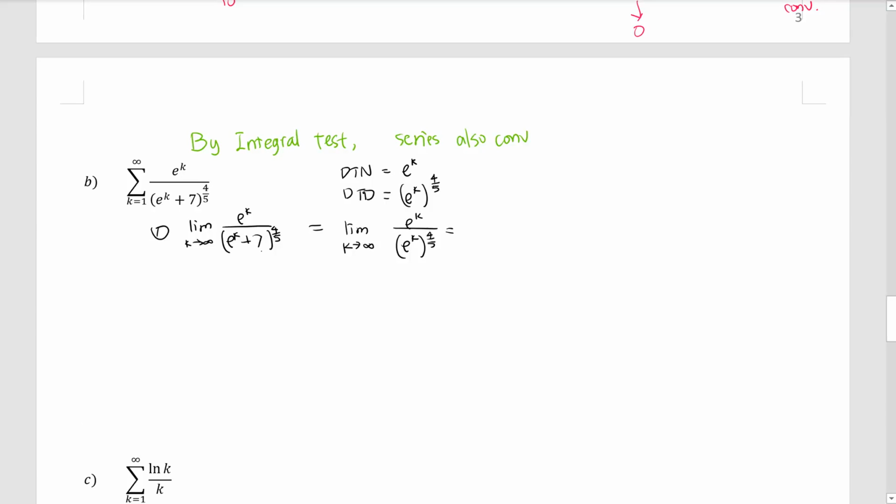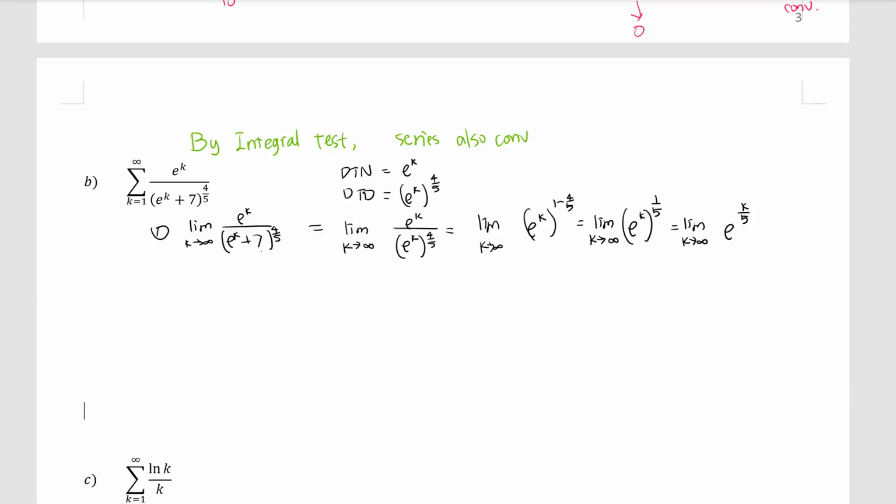Which one is bigger? The numerator is bigger. So we actually get e to the k, with exponent 1 minus 4/5, which is 1/5. This is the same as e to the k over 5.